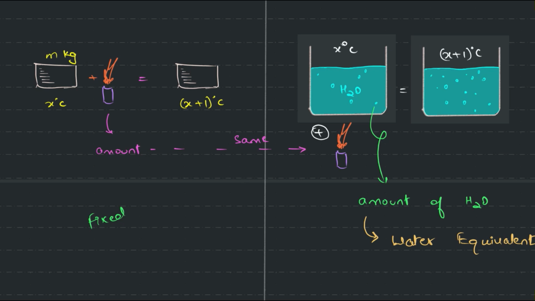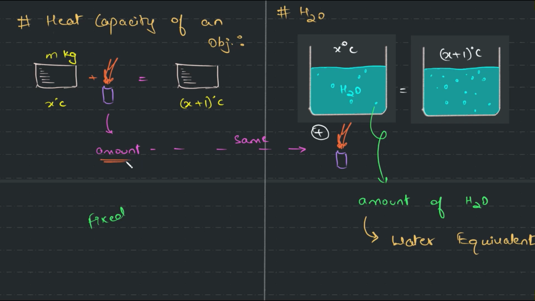So let me explain all of this again. You have a material. You are increasing the temperature from x degree Celsius to x plus 1, for a given mass. Any given mass. It's not per kg. It's any mass. It is to do with the heat capacity of an object. Now, this is purely with water.